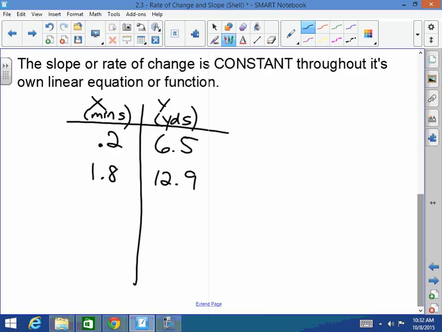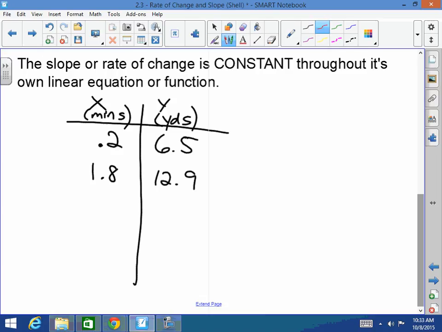I teach it with easy numbers so you can learn the procedure. That way, if it's easy numbers, great. God bless you. You can figure it out nice and easy. If it's a little bit more challenging like this, still great. You can figure it out nice and easy if you follow the procedures.